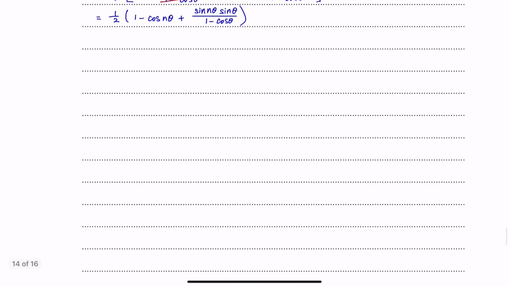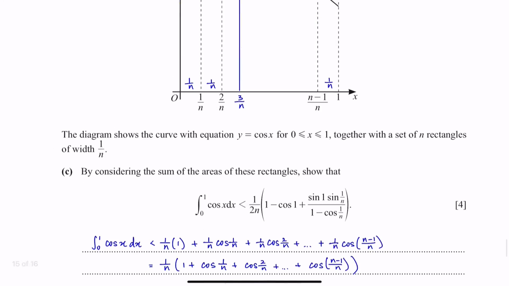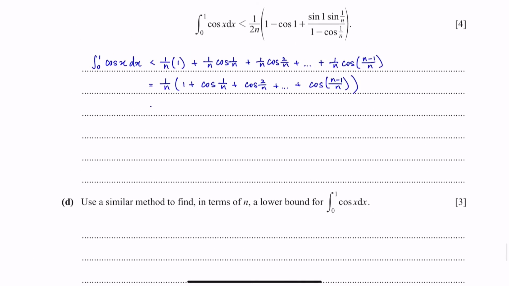So we would just get 1 over 2 times 1 minus cos 1 plus sine 1 over n over 1 minus cos 1 over n.